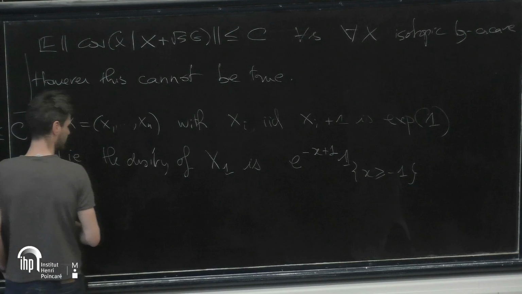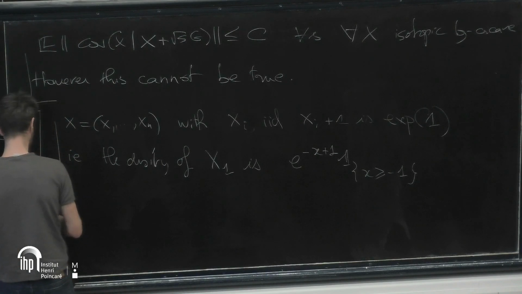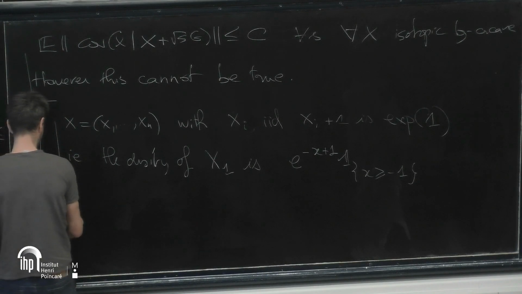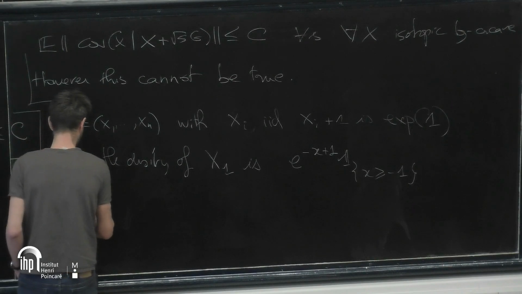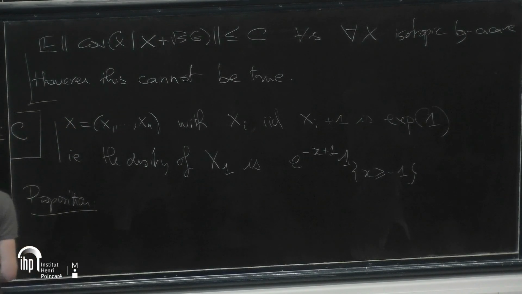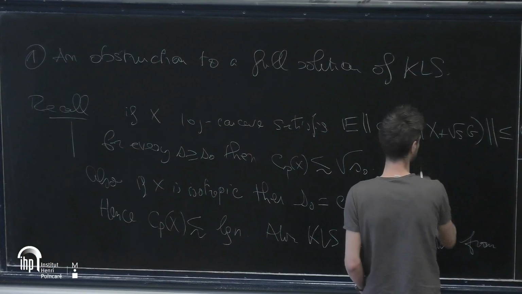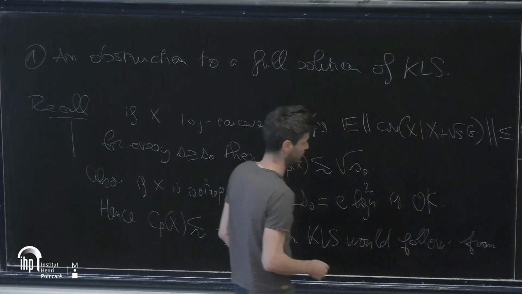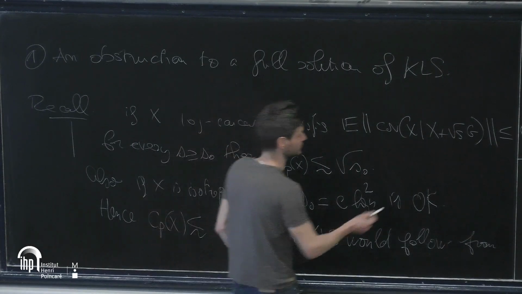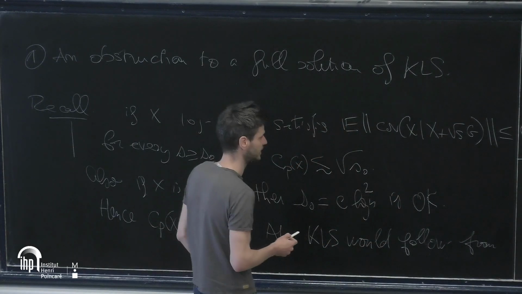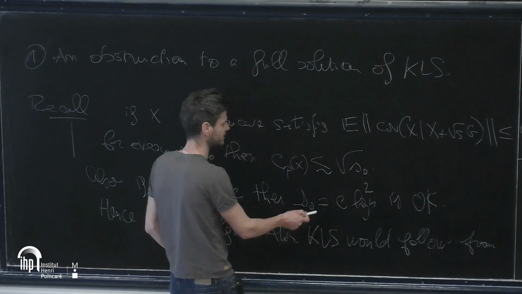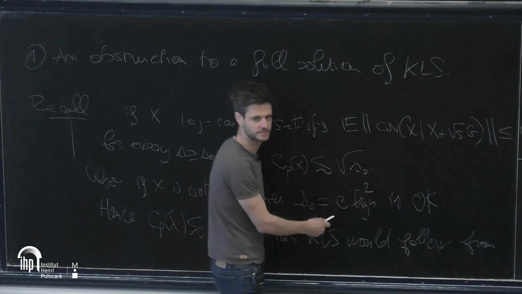And then the claim is the following. It's a proposition. Okay, first let me state a positive statement. What can I say about the conditional covariance of this guy? In this case, I can say a bit better than that.